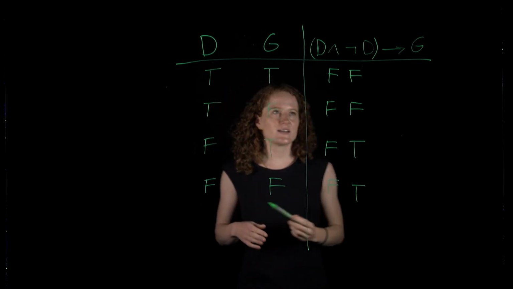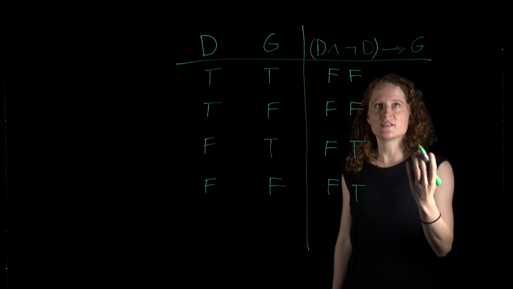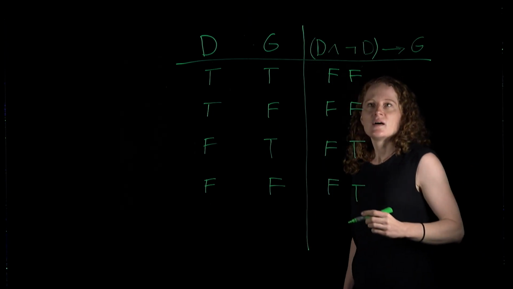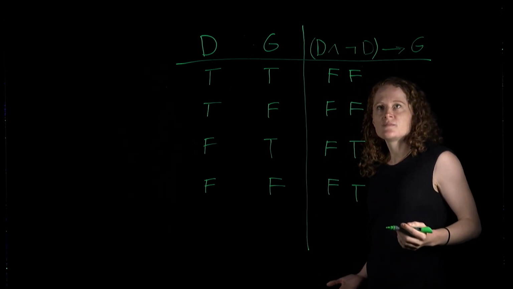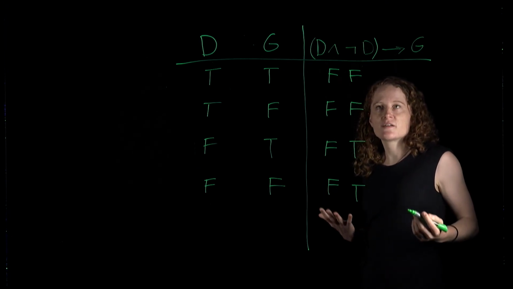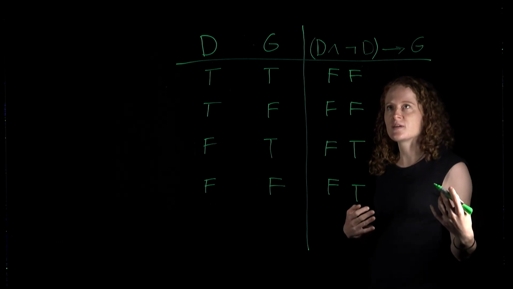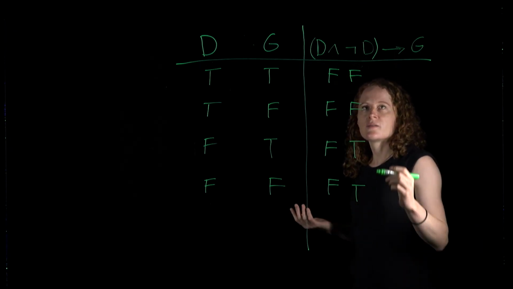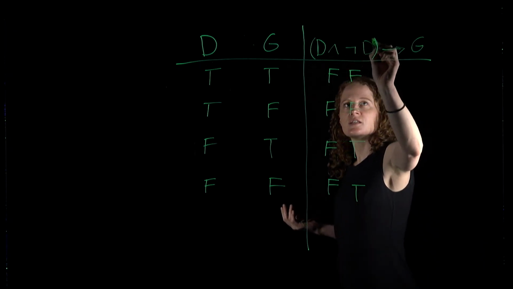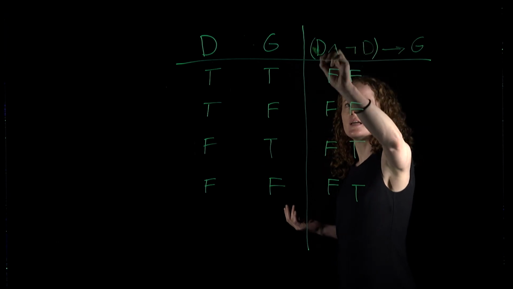Okay, let's finally move on to the conditional. I know that the truth value of a conditional depends on the truth value of its antecedent and the truth value of its consequent. So in this case, the antecedent of the conditional is this whole conjunction here.